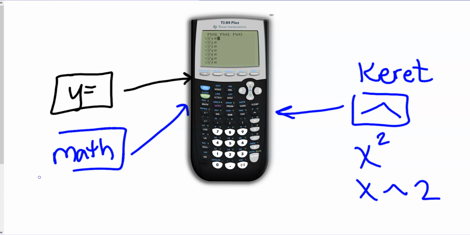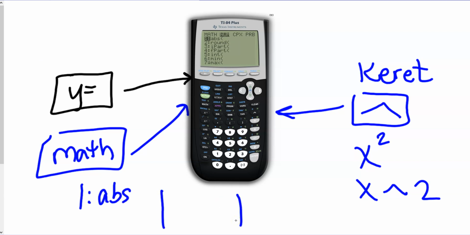The math button has different functions in it, so if I were to press the math button, it gives me different functions. If I arrow over once to number, this is where I want you to pay attention because the first option up there is 1, absolute value, or ABS. And we're going to use the absolute value in just a second.